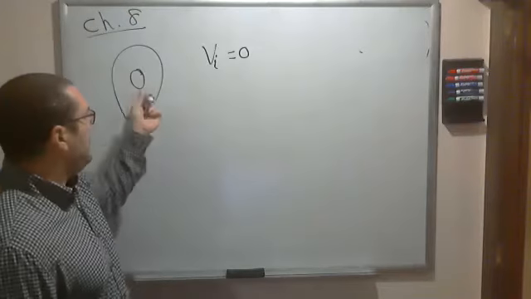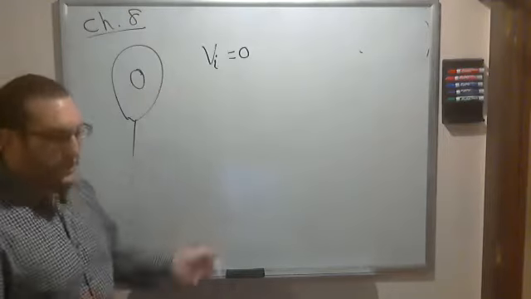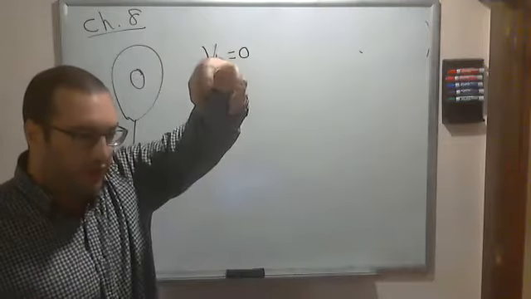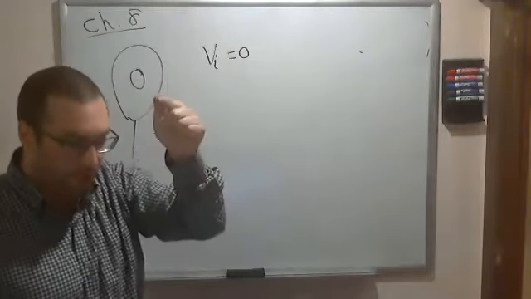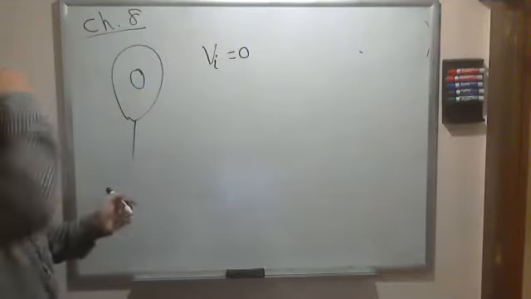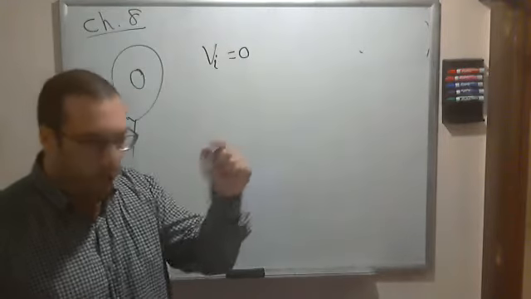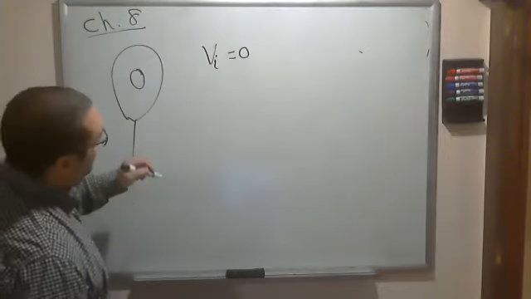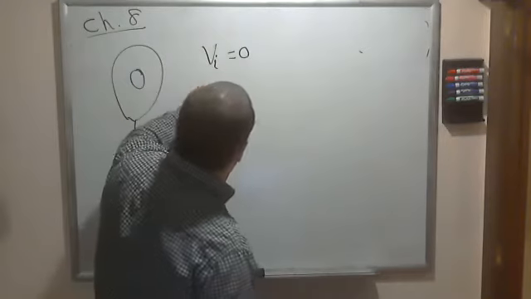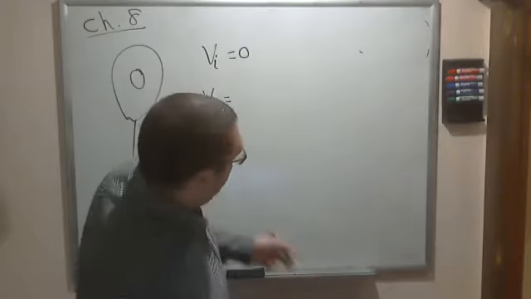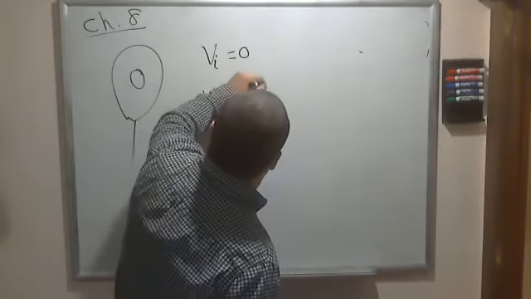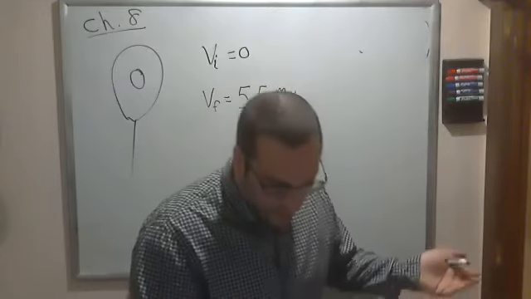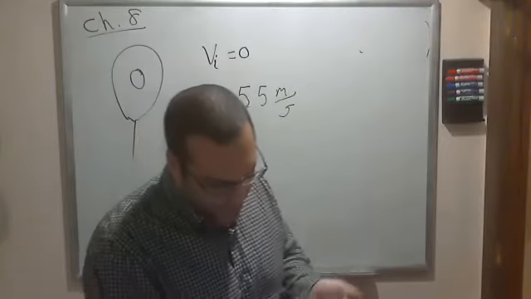And let's just consider that the ball moves in one dimension once we hit it, because we hit it at the top of the throw. The Y component is 0 at the very top, so it's only a velocity in the horizontal component. Then V final is usually given to us at 55 meters per second, and now we could figure out the force on the ball.